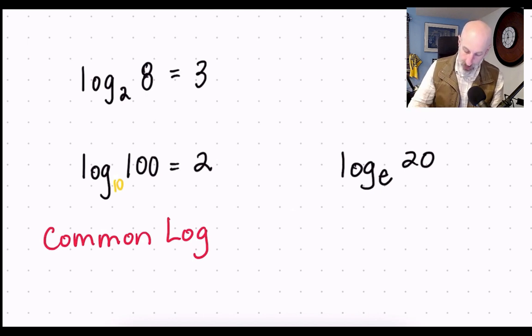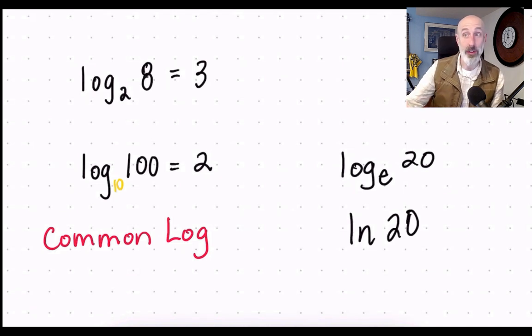We have a special notation for it, and that is ln of 20. So if you see that it's not written as the word log or the abbreviation log, it's ln, what you should know is that it really represents a log with a base of e. Those are not interchangeable. Ln is the right one.